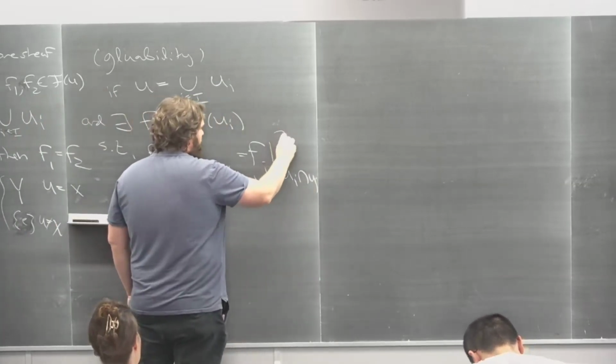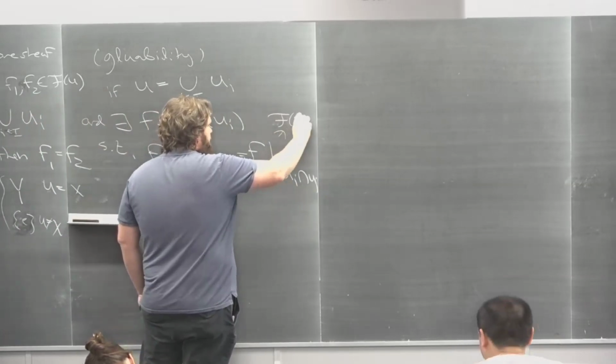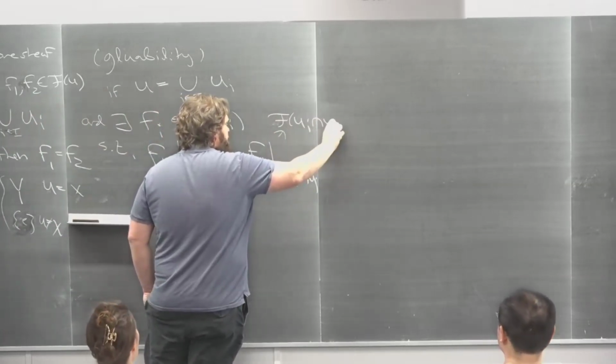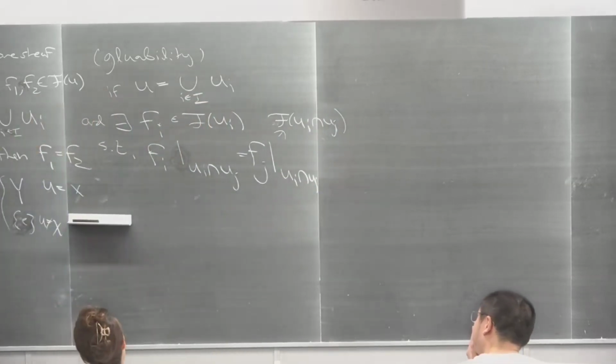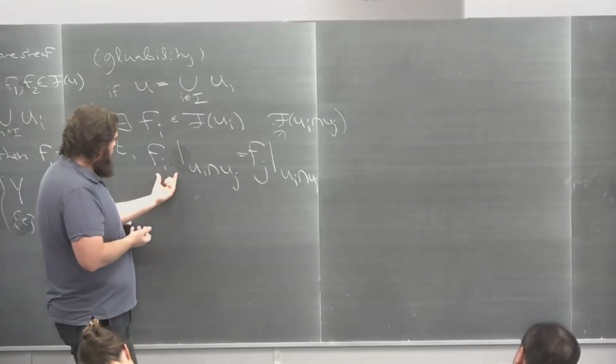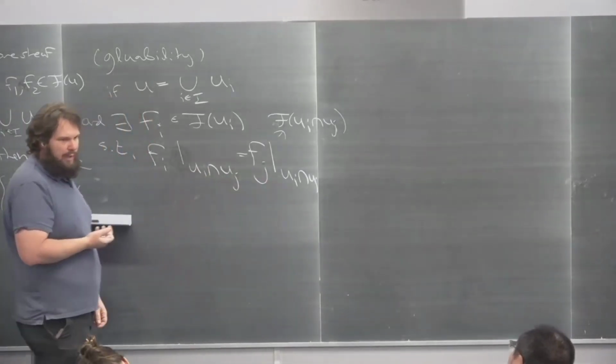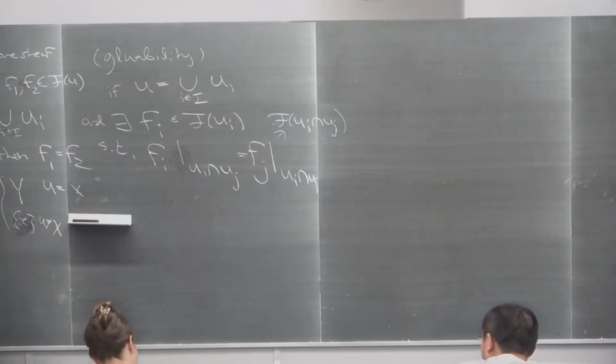So this equality is happening in F of Ui intersect Uj. So what is this saying? I have a bunch of open sets. I have some kind of function type thing. And whenever I restrict it to overlaps, it agrees.